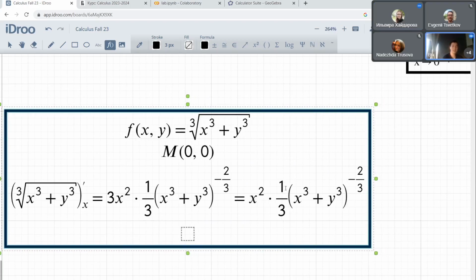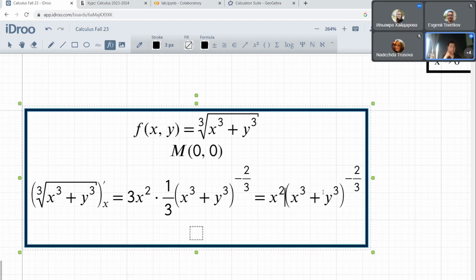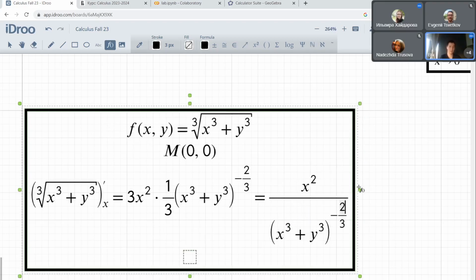I want to understand what's your problem. I expected that you had a problem while substituting 0 and 0 for x and y here, and you can get something like 1 over 0 in this term, because this term can be written in this form.